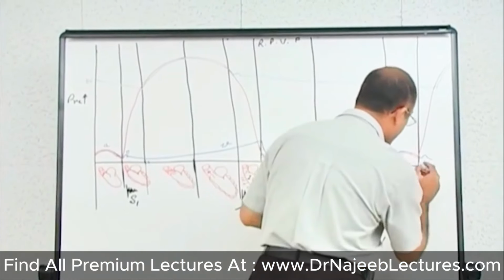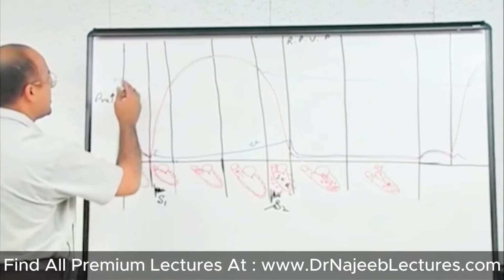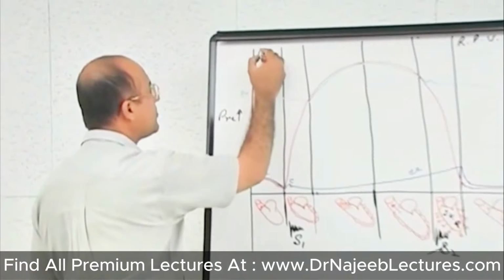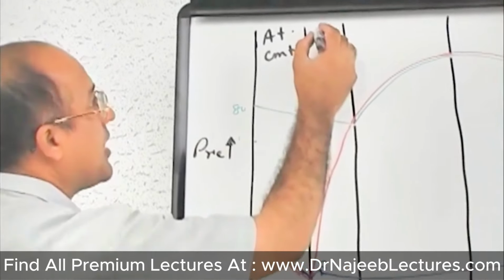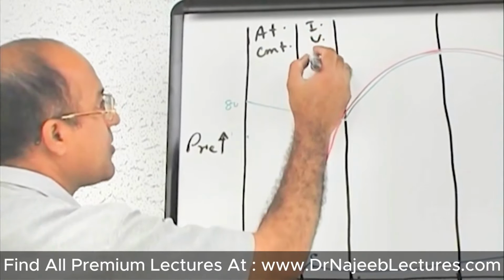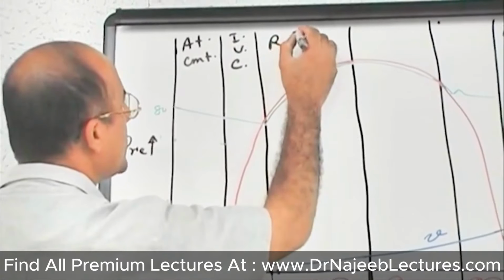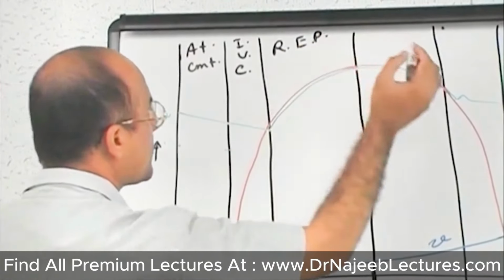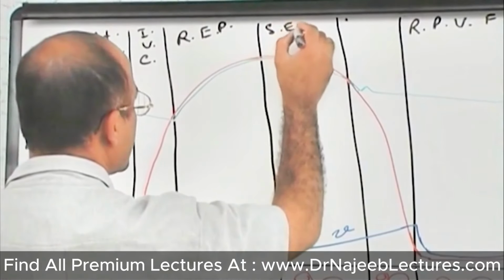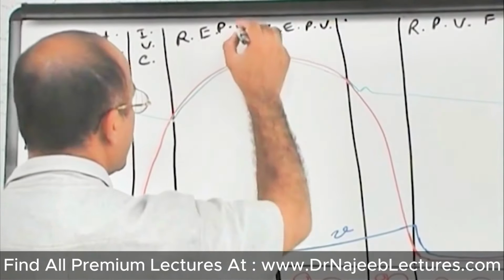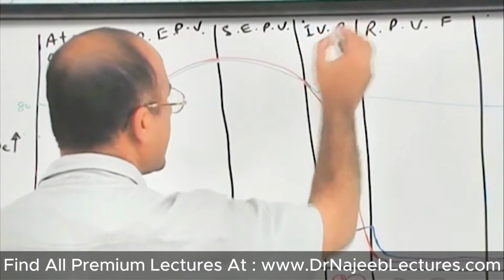Now the point which I want to highlight, if we label these: what was this? This was atrial contraction. What was this stage? Isovolumetric contraction of the ventricle. What was this? Rapid ejection phase of the ventricle, and this is the slow ejection phase of the ventricle, and here it was isovolumetric relaxation.